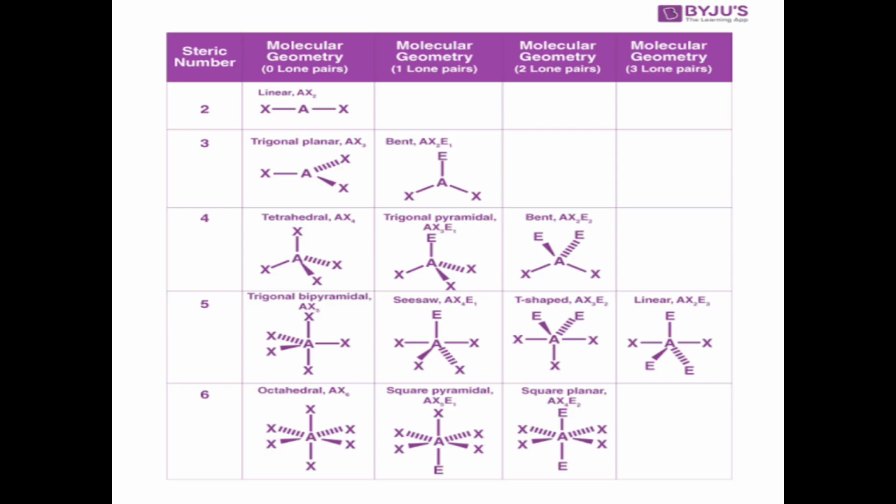So to give a summary of what we are talking about, when the steric number, that's the number of things, is 2, you have linear. When it is 3, trigonal planar and bent are possible. When it is 4, we can have tetrahedral, trigonal pyramidal and bent. When it's 5, you can have trigonal bipyramidal, seesaw, T-shape and linear. When it is 6, you can have octahedral, square pyramidal and square planar shapes. So these are very, very important for us to know.